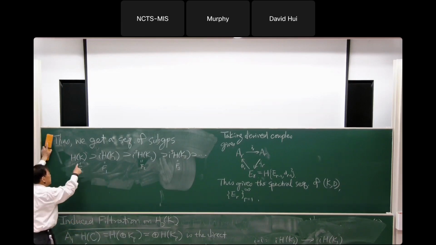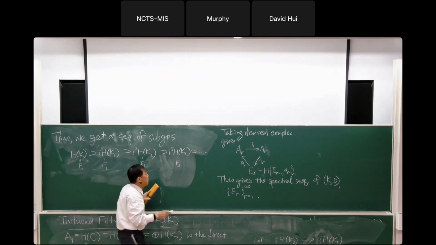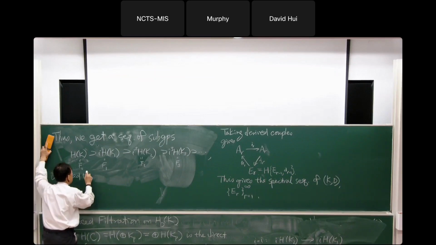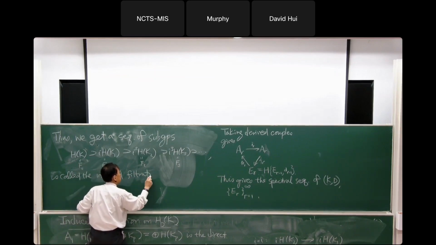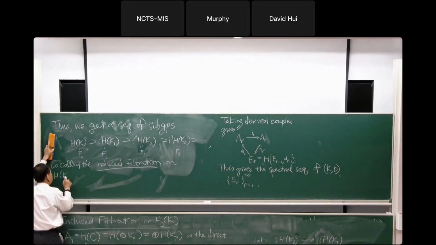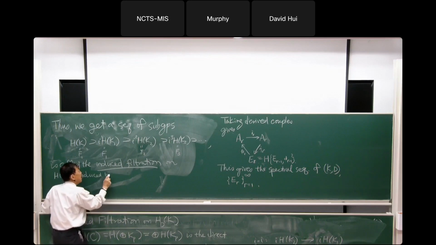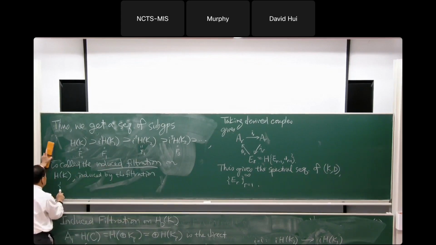So this is a filtration on H of K. This sequence of subgroups is called the induced filtration on H of K. It is induced by the filtration A_P on K.